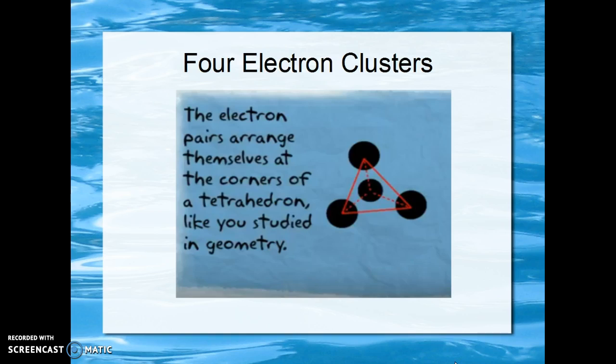When there are four electron clusters, they get into a three-dimensional situation and position themselves at minimum energy around the apexes of a tetrahedron. The central nucleus is in the center of the tetrahedron. That tells us where the electron pairs will be.